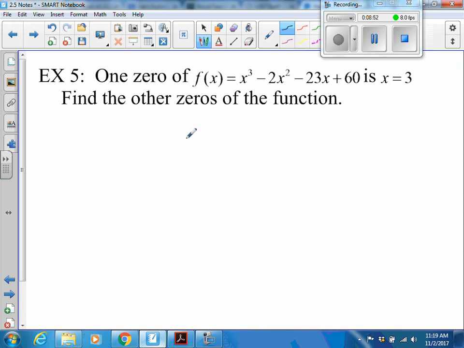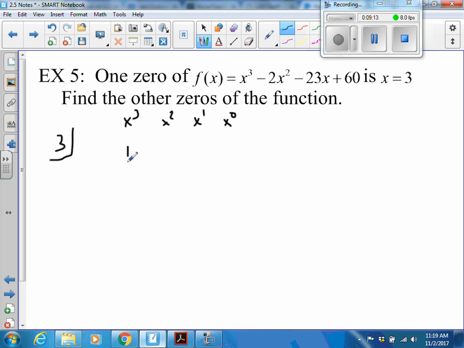Since they already gave us k, x equals 3, that's already our k value. So we put 3, and remember, I want the coefficients of my entire polynomial. That means the coefficients of our x cubed, x squared, x to the first, and our constant terms.